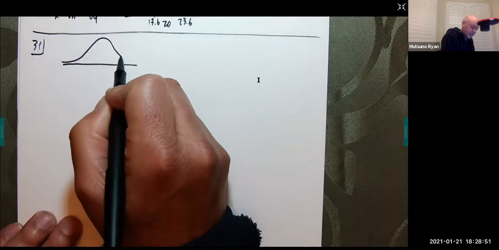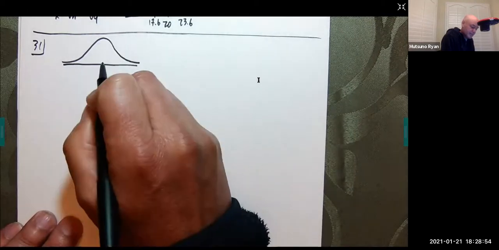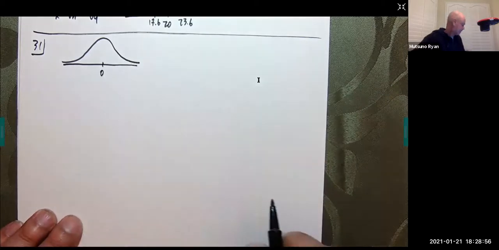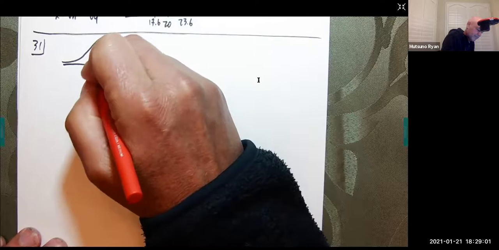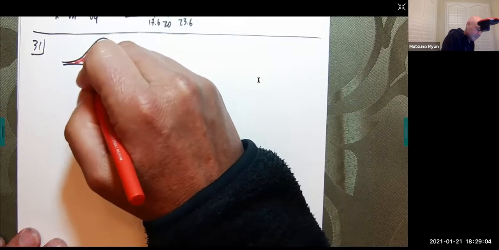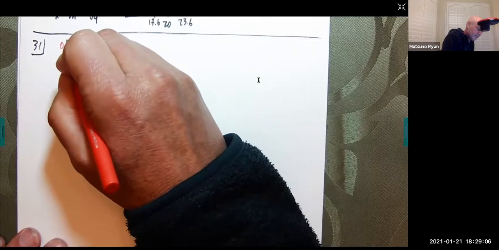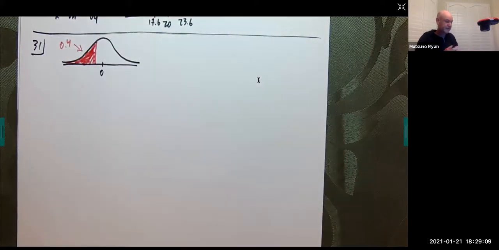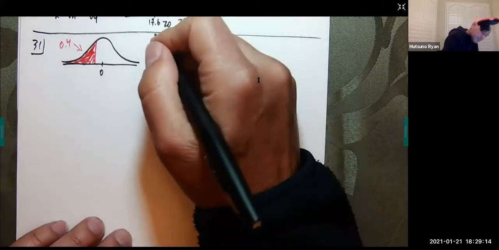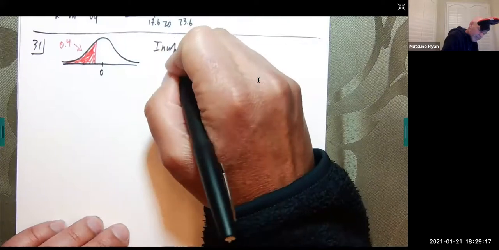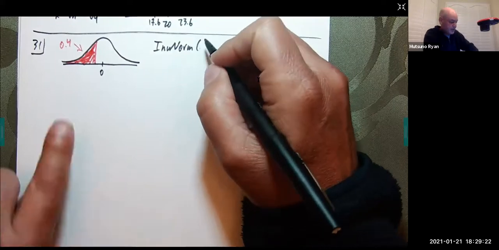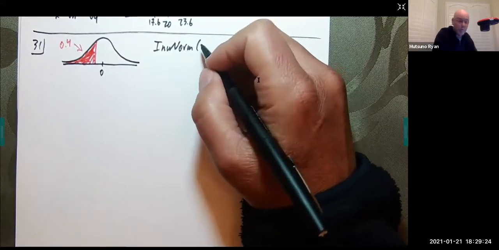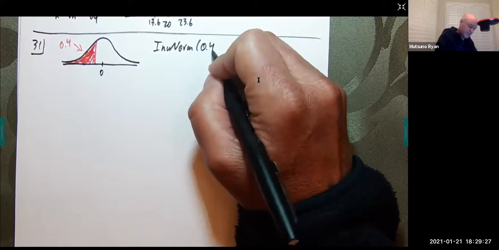That's the bottom 40%. Now, when they give us the area of the probability, that means we're going to be using inverse norm. And inverse norm, again, is always area to the left, which we already have. So we don't have to do a 1 minus in this case, 0.4.